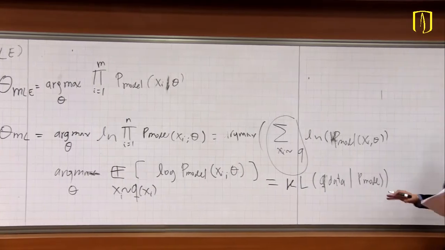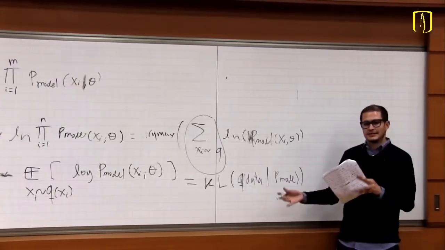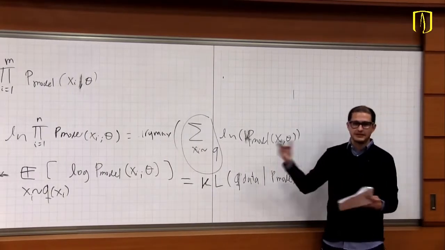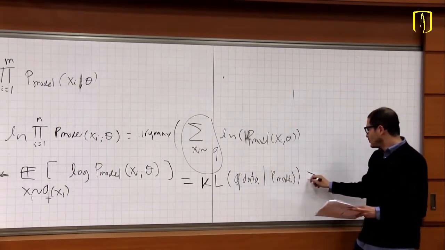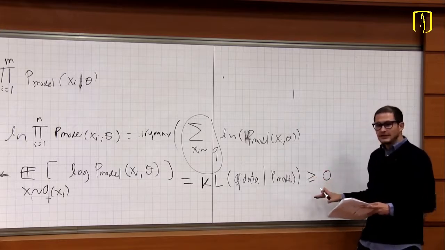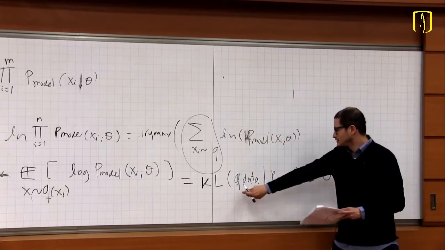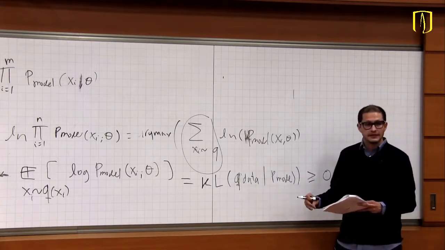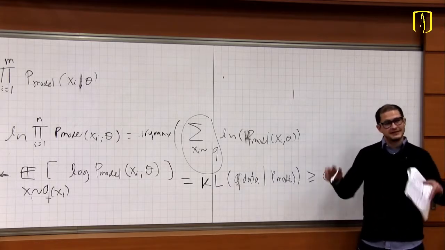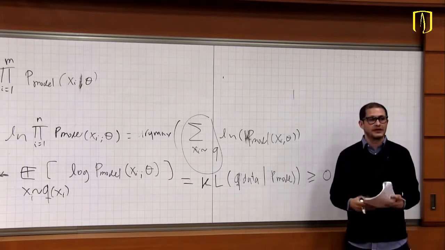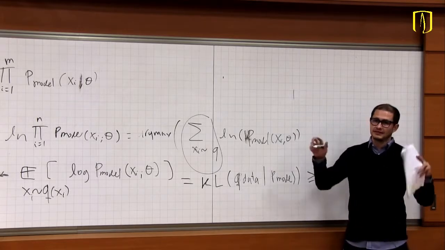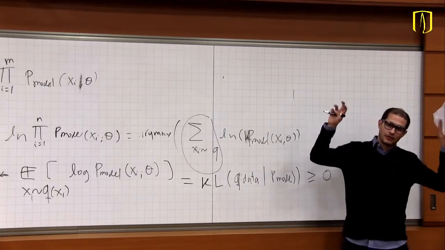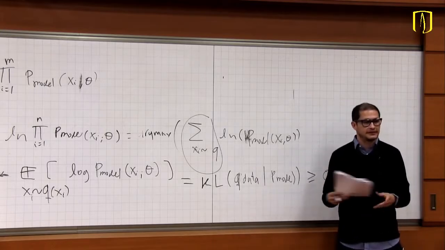Okay, so it's not a rigorous distance. It doesn't satisfy the triangle inequality or any of those things, but it is always greater or equal than 0, and 0 when the distribution Q coincides with the model. So it can be used as a divergence, that's the right word. It's not a distance, but we can think of this as a quote-unquote distance in probability space.